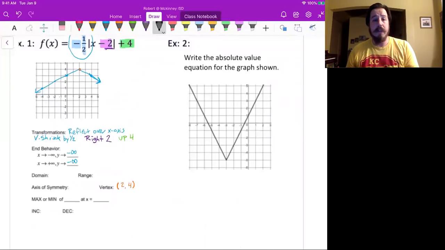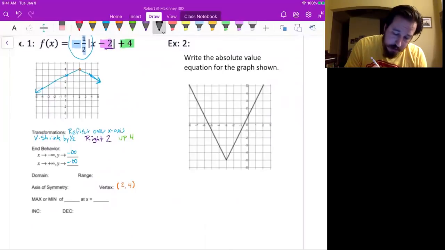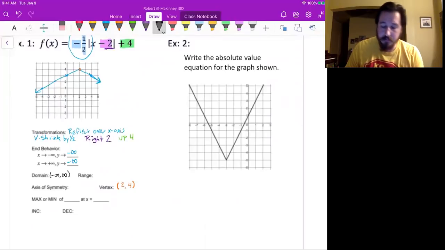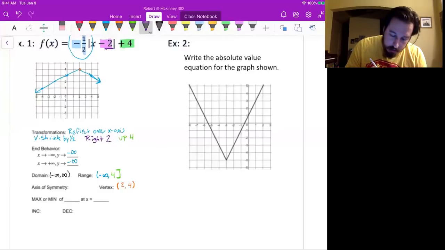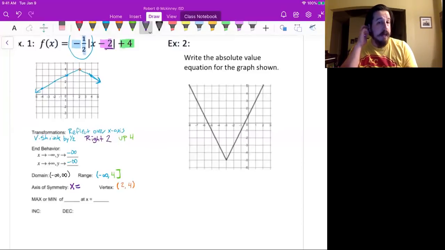Okay. My domain, I don't care what any of the transformations were. That is still negative infinity going to positive infinity. My range, because the A value was negative, starts at negative infinity and goes until the K value, which was 4. My axis of symmetry is that equation x equals whatever the value of h was.